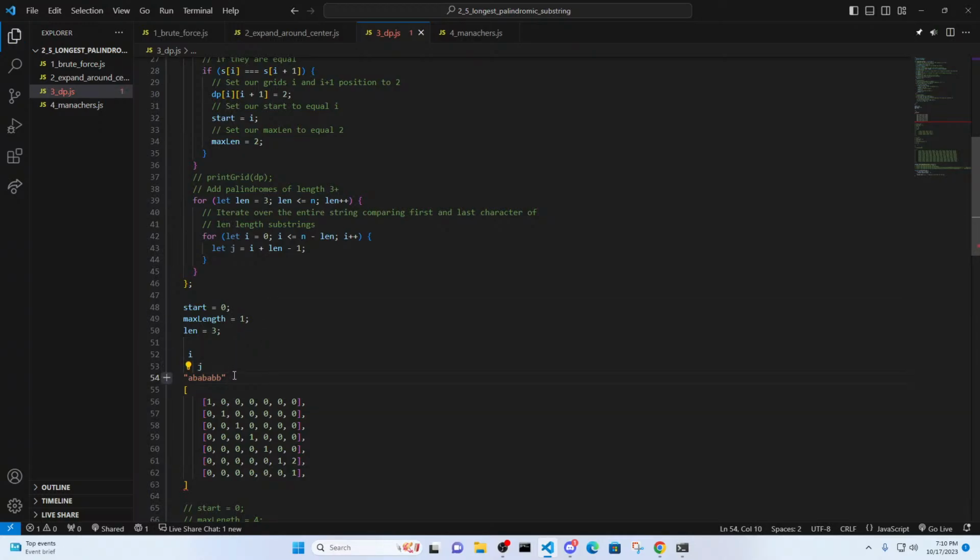And so basically what we're doing while we're inside this loop where length equals 3 and we're iterating with i, we're just going to increment i, increment j, compare those two. Increment i, increment j, compare those. Increment i, increment j, compare those. And then once you move i to a position that is greater than n minus length, then you increase length to 4.